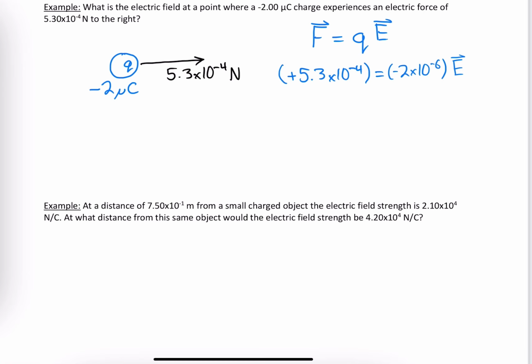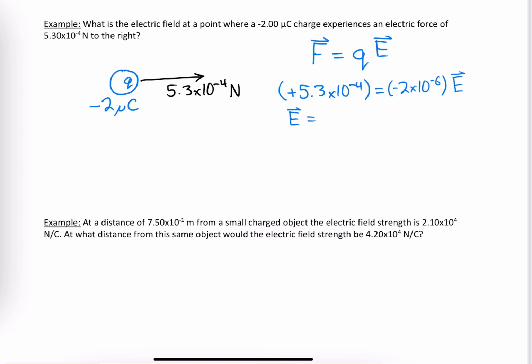So if I then solve this for E, for the electric field, I get -265 newtons per coulomb.